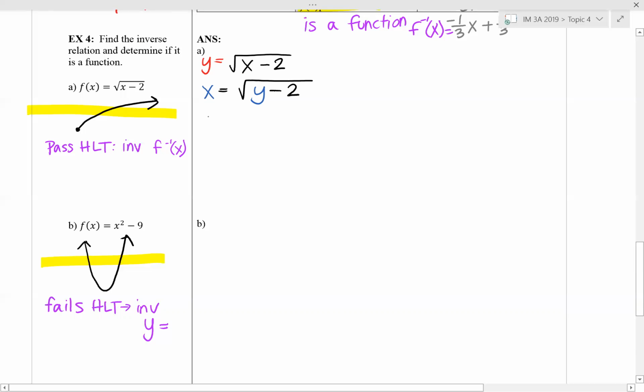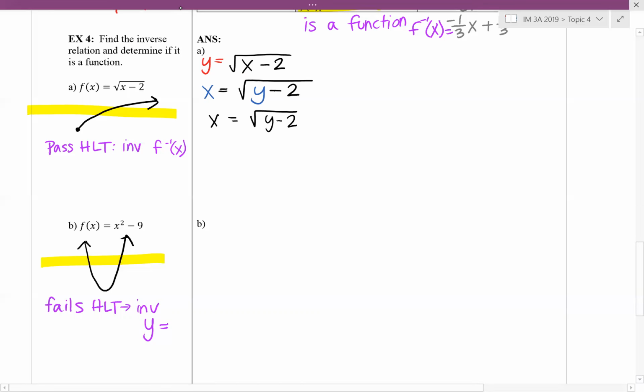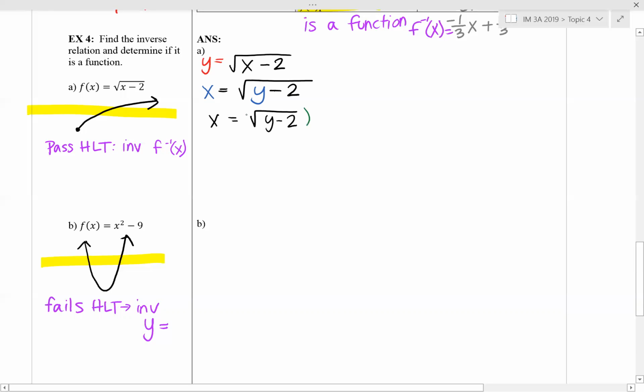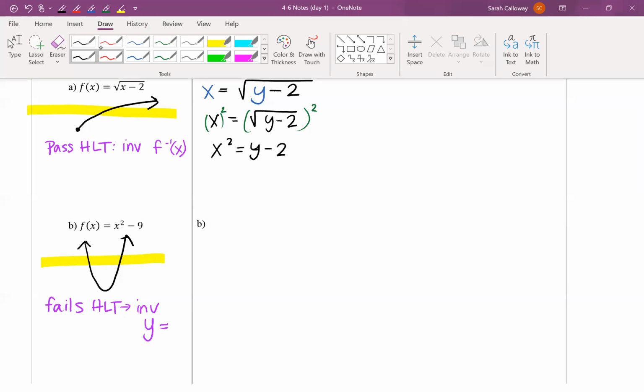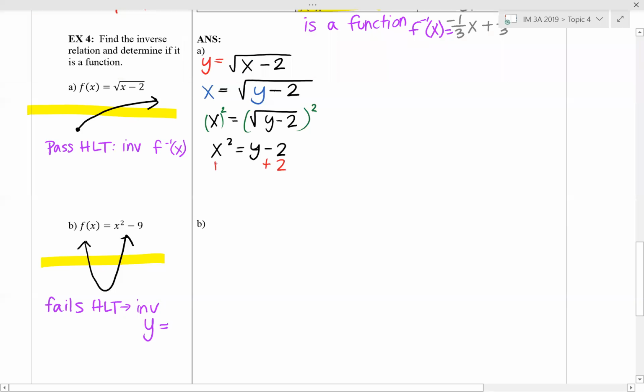So in order to solve this, I'm going to square both sides to get rid of the radical, because the y and the 2 are both stuck underneath the radical. And so if I square both sides, that leaves us with x squared equals y minus 2. And again, we have that because of the inverse operation, square root and square. Finally, to get y by itself, we need to add 2 to both sides.